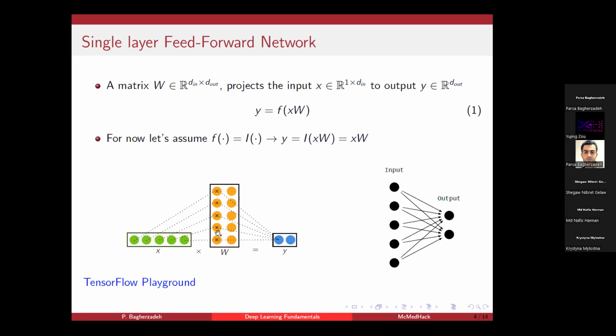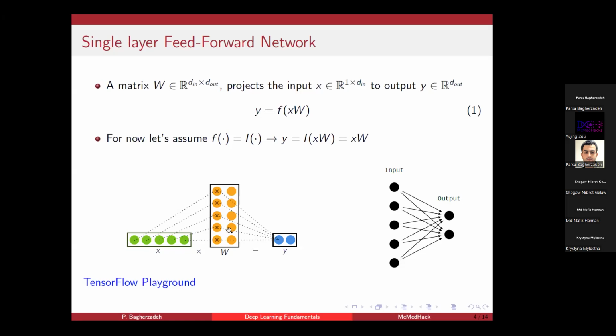So we further abstract this concept into a net-like illustration. But overall, a neural network is nothing more than matrix multiplications, or a set of matrix multiplications. Our input is multiplied by a weight matrix and is mapped to an output.